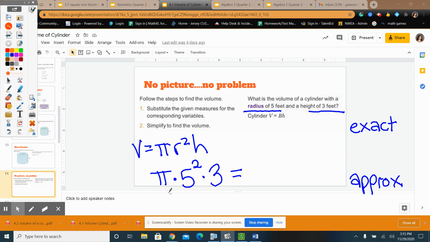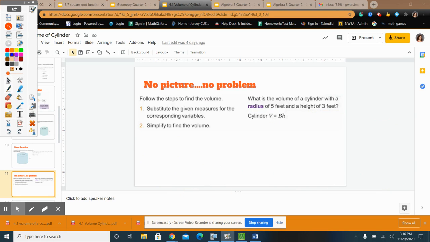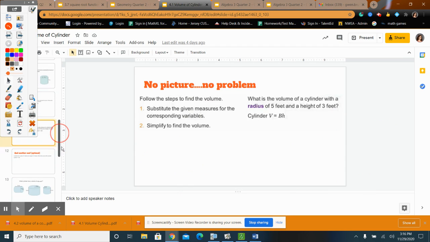If it's exact, we won't type the pi in. We'll just type the 25 times 3, and that will give you 75 pi feet cubed. And if they want the approximate, we'll take 75 times 3.14, and you'll get 235.5 feet cubed. Both are good.